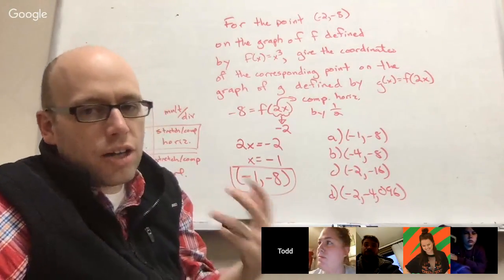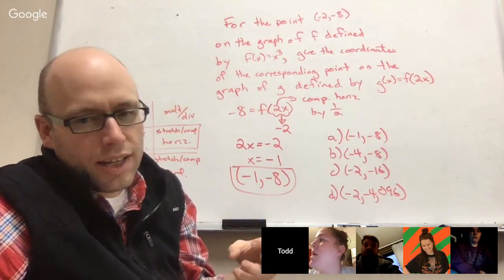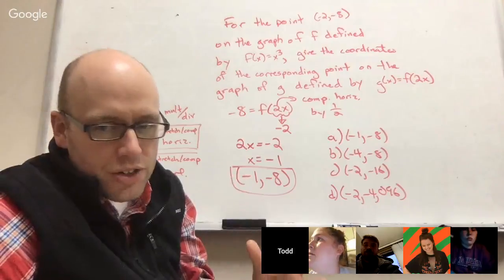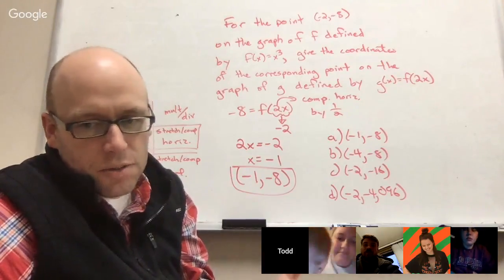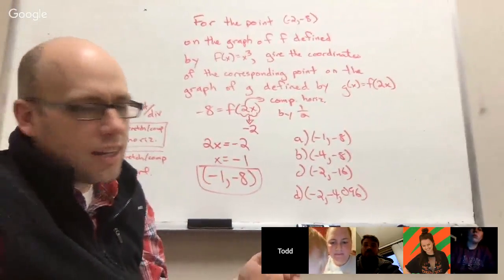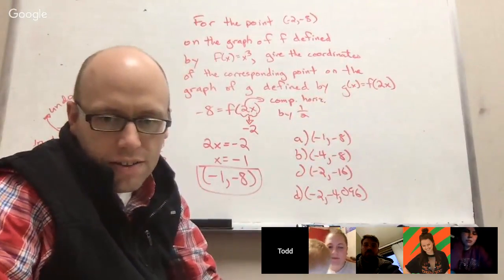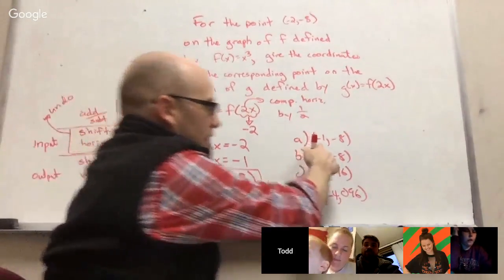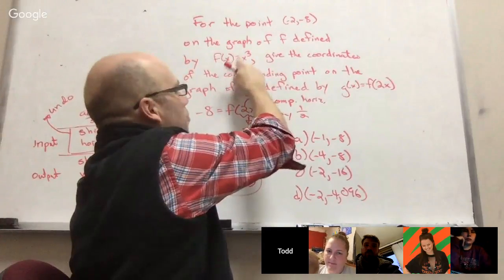Even if you're unsure, if you get to this point and you're like, wait, is that a horizontal compression or a horizontal stretch? You can take advantage of some test-taking skills here and say, which one of these actually work, right? They should work in f of 2x.